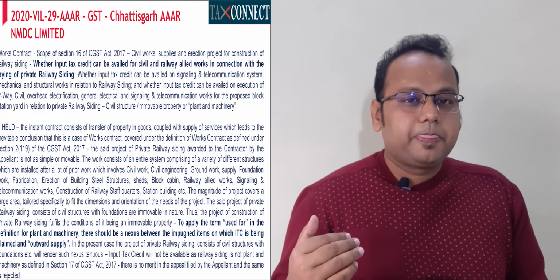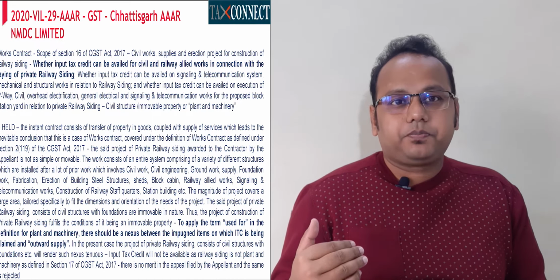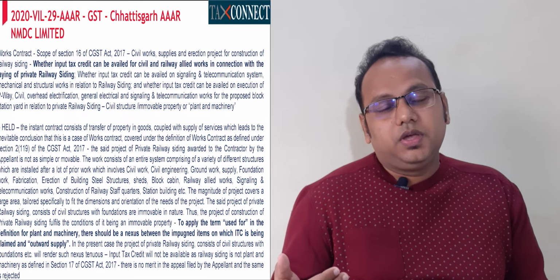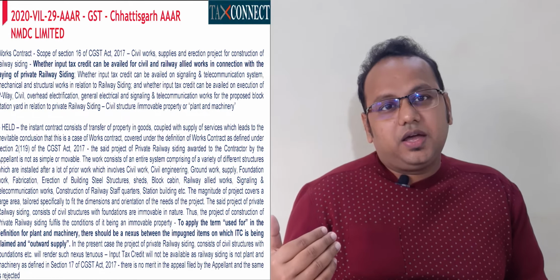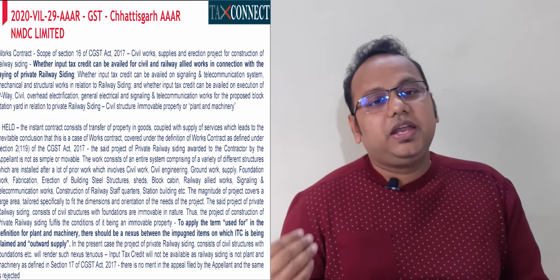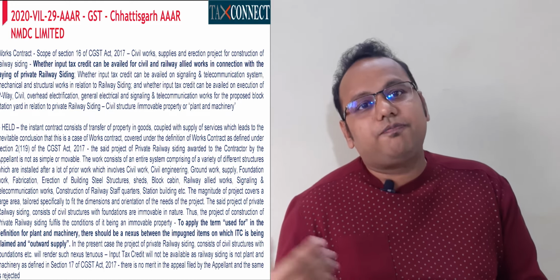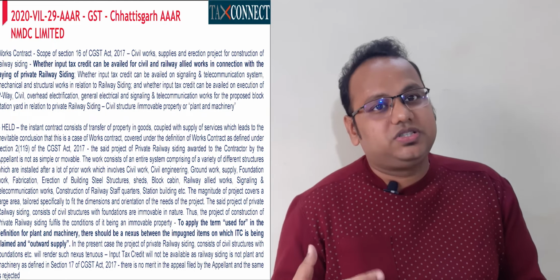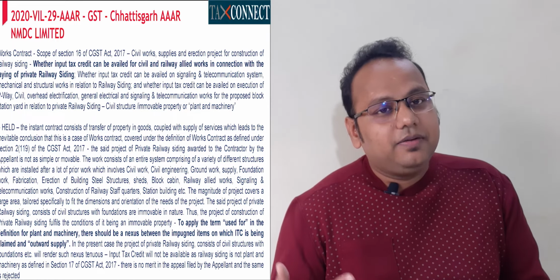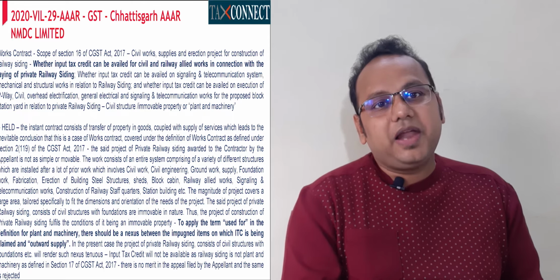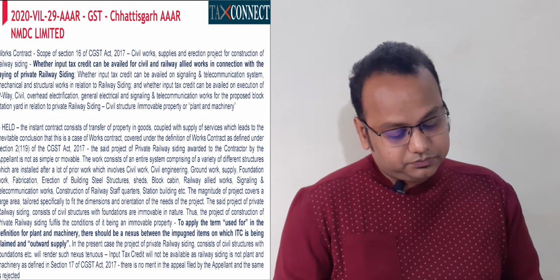However, friends, in this case, our view is a little different. You see, railway sidings are used in a factory for movement of the goods, inputs, capital goods, etc. And if that is not in relation to output supply, then what is?